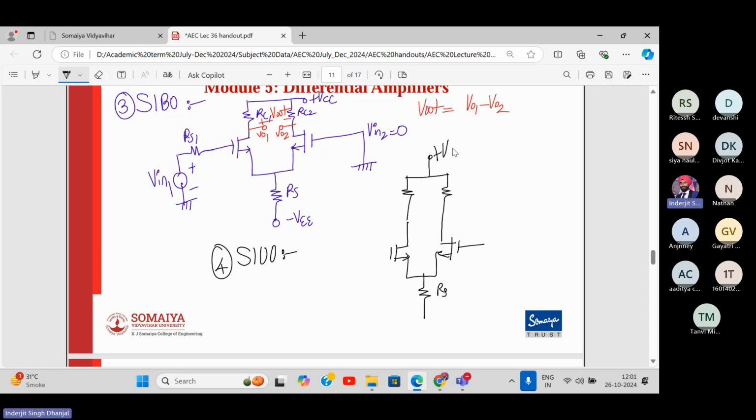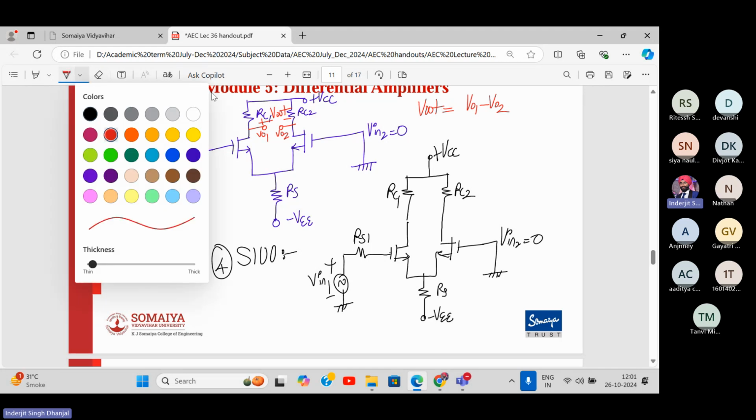So here is plus VCC, RC1, RC2. This is RS1. This is plus minus Vin1. This is 0. Vin2 is 0, and this is minus VEE.